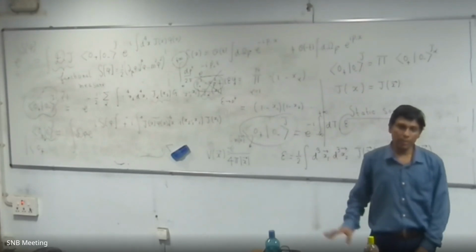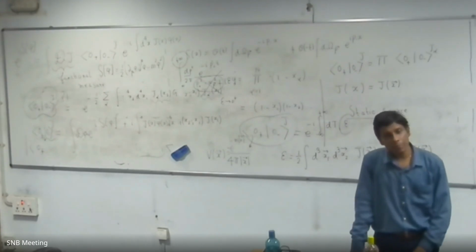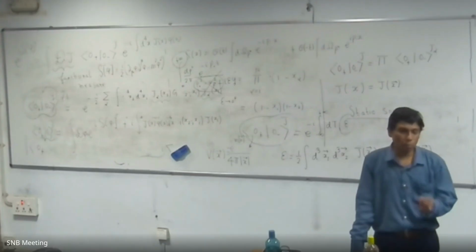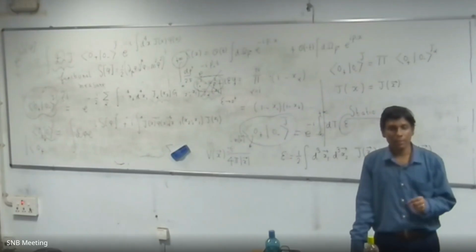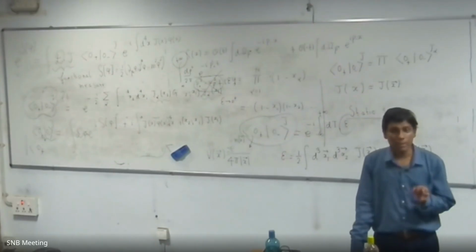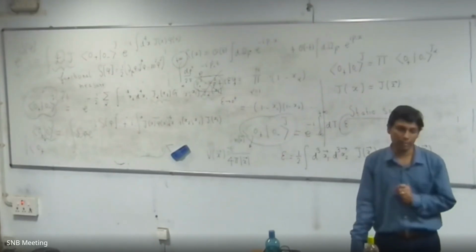Because this particular theory was only done by Schwinger. Nobody else worked with it. It is not that nobody else worked with it. Nobody else even dared to look at this theory because it was such a complicated mathematical theory.